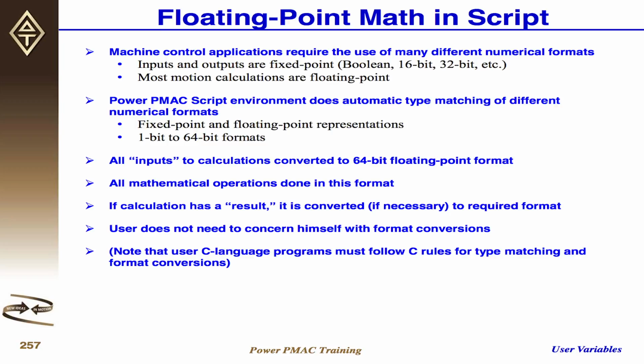So in script, the majority of the data conversions, typecasting, all that stuff is done for you. You may have inputs and outputs that are fixed point, Boolean, 16-bit, 32-bit, 64-bit. It depends on what kind of hardware you're using and how you're accessing it, but it makes sense for using I/O. You may be trying to access it in many different ways.